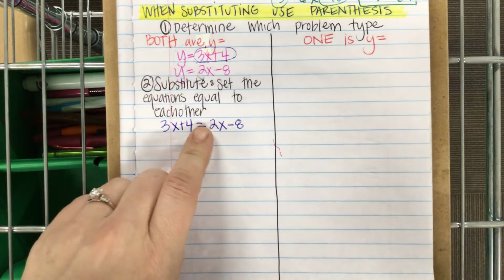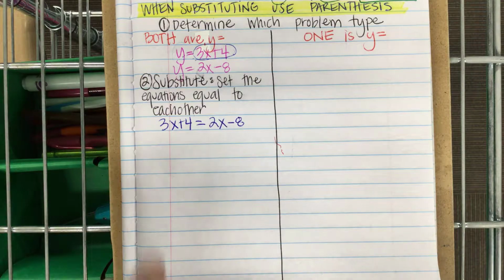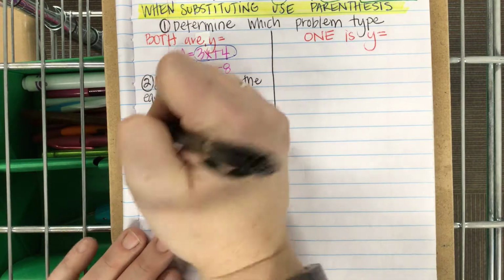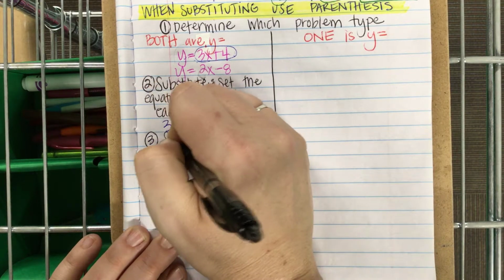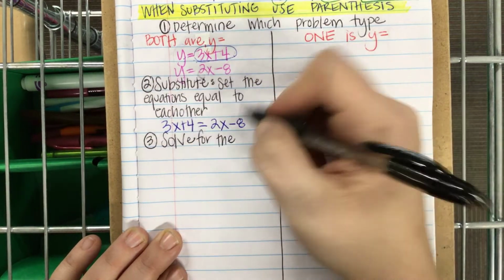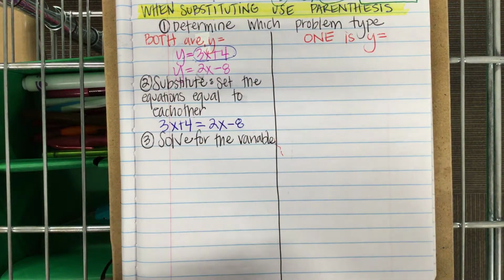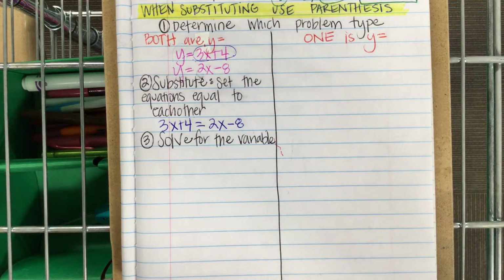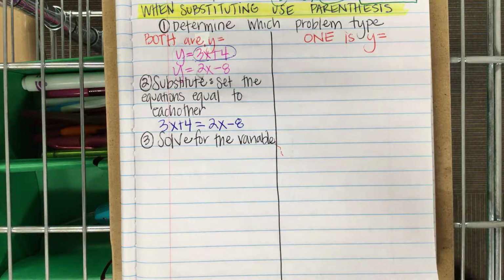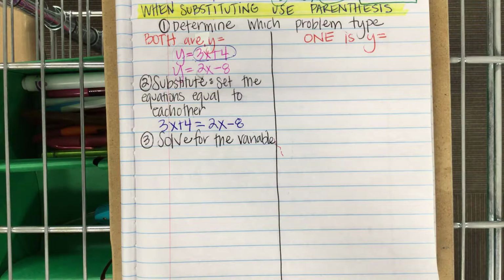Ladies and gentlemen, after you substitute, set them equal to each other, what could you do to this? Simplify and solve, right? Solve for the variable. This is why we've been doing so many problems, so many homework assignments, so many bell work problems with multi-step equations.